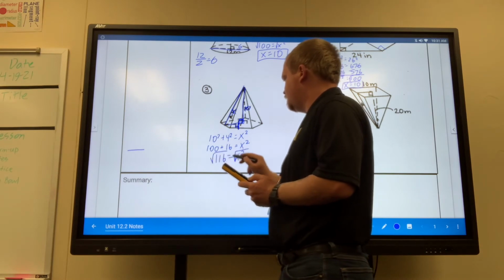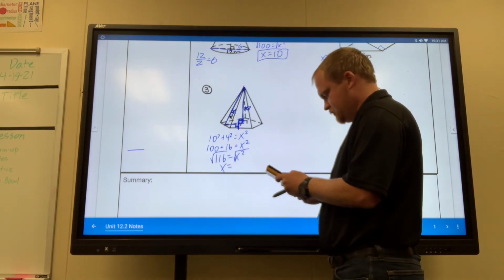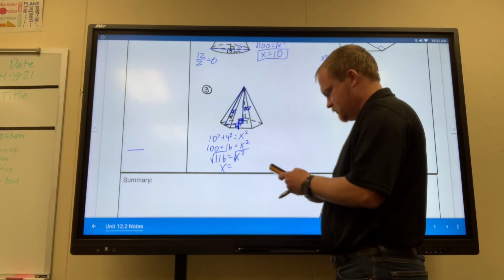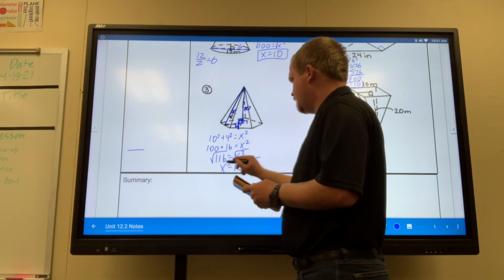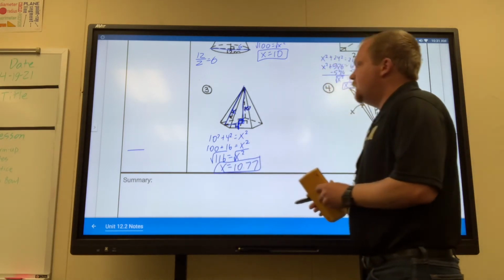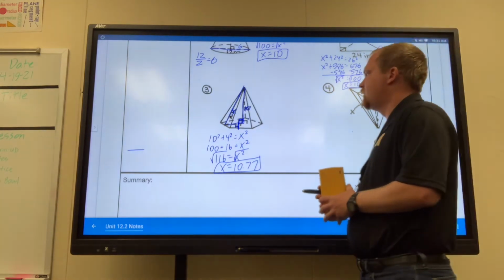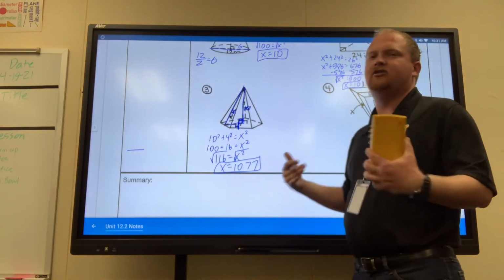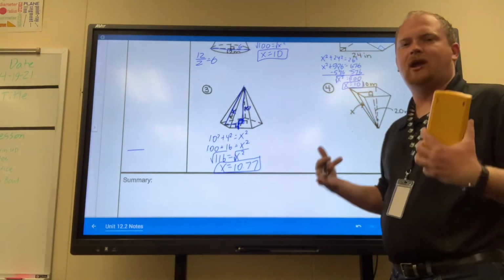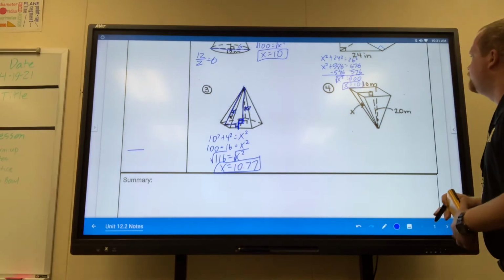Take the square root, and x is going to give me 10.77. So even with something like this, I should be able to make a right triangle. And that's really the goal, to be able to make those right triangles.